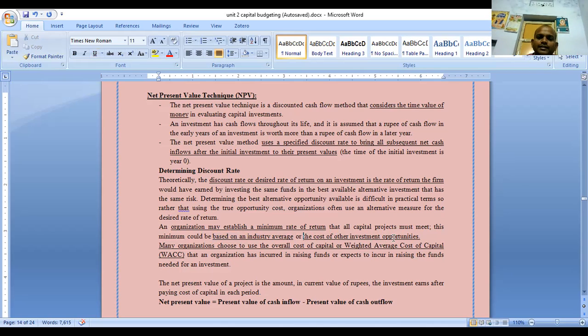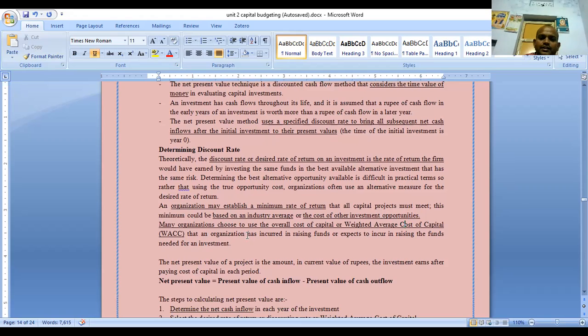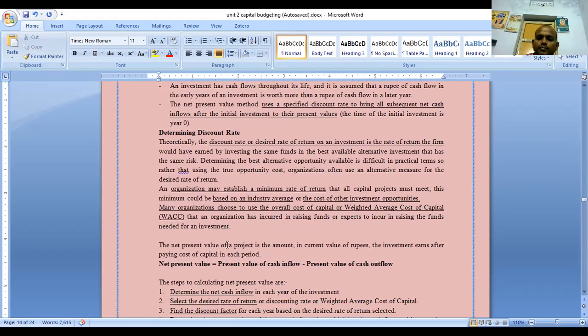So the discount rate or desired rate of return can also be called minimum rate of return, cost of capital, weighted average cost of capital. Okay, so we can use any name, based on what an organization has incurred in raising funds or expects to incur in raising the funds needed for an investment. So in both ways it may be used.